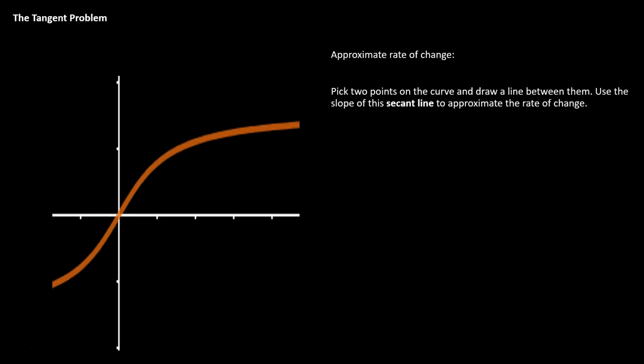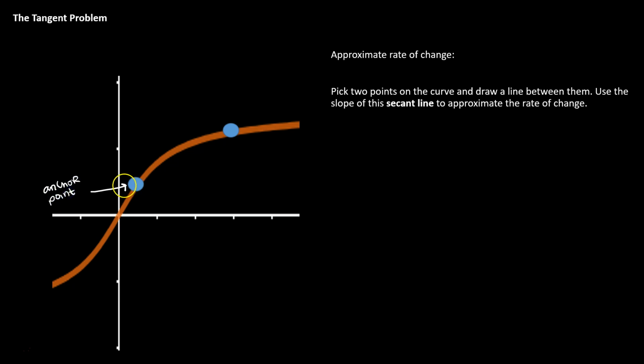So this tangent problem is basically saying we want to know how to talk about rate of change for things that aren't perfect straight lines. And the solution to this actually uses straight lines. So we're going to approximate a rate of change by picking 2 points on our function. And we're going to pick one of those points to be like our anchor point.